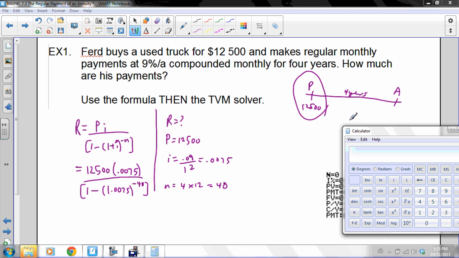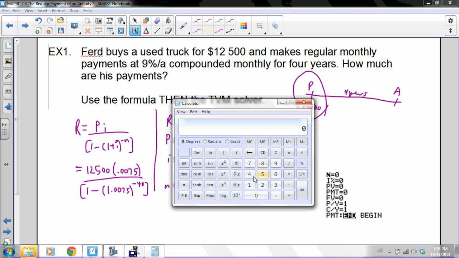And I'm going to use my scientific calculator and go through this. On the top, we're just multiplying two numbers there, so that should be okay. 12,500 times 0.0075 divided by bracket, that's this bracket, 1 minus this bracket, even though we don't really need it in this case, 1.0075 end bracket to the exponent. And in these old calculators, I've got to put the number in first, then make it negative, and then end bracket.